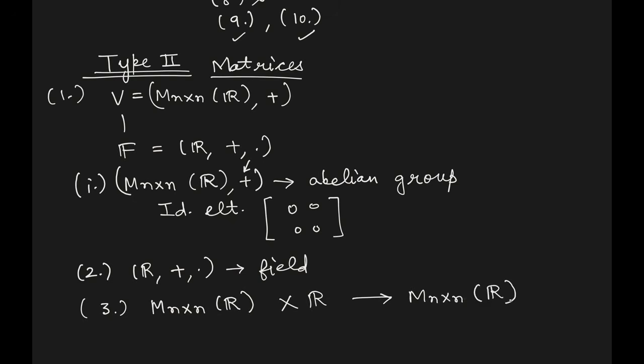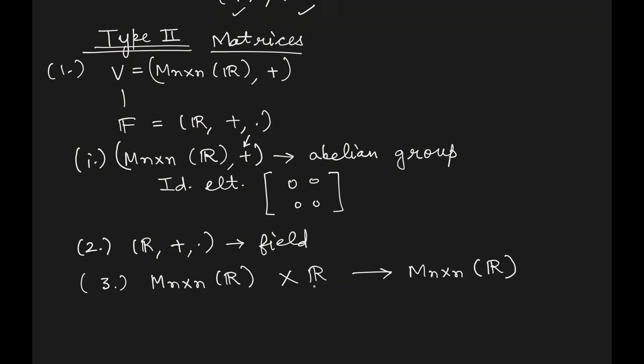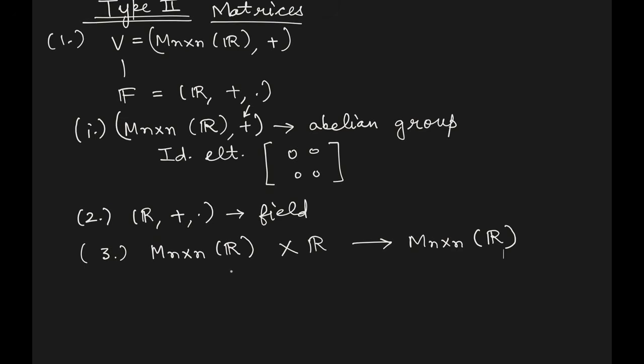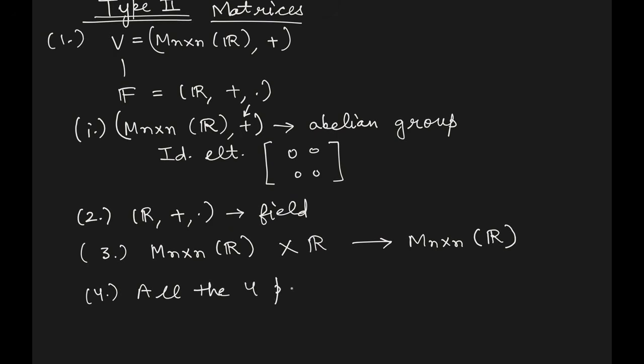If I multiply any scalar, any real number, with this matrix, then it will again be a matrix. And all the row properties are satisfied.